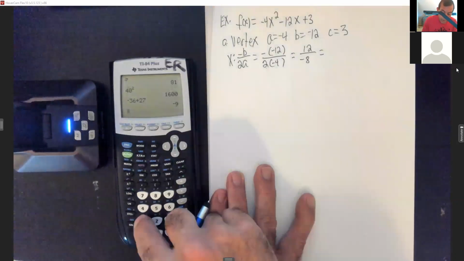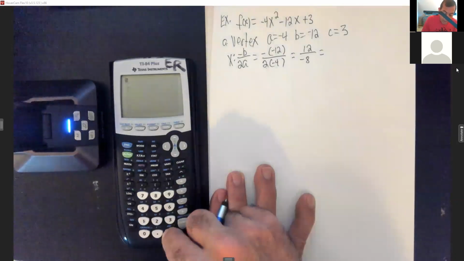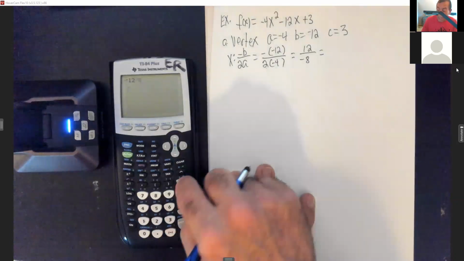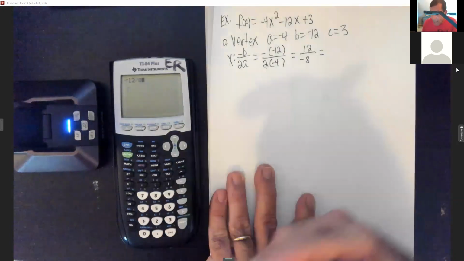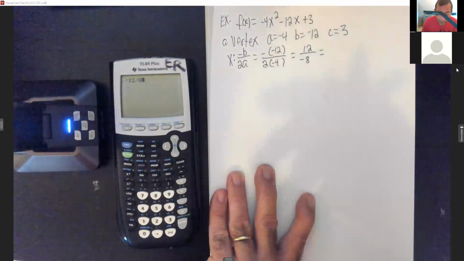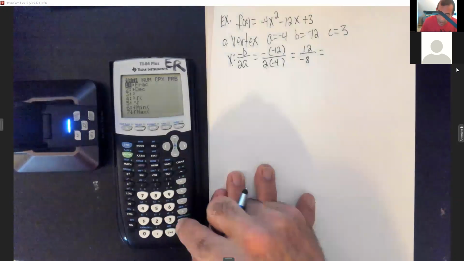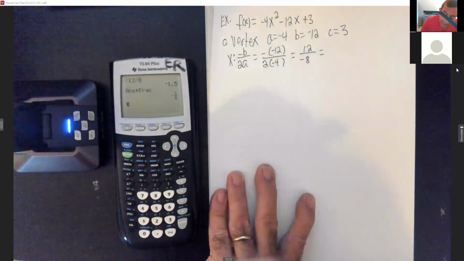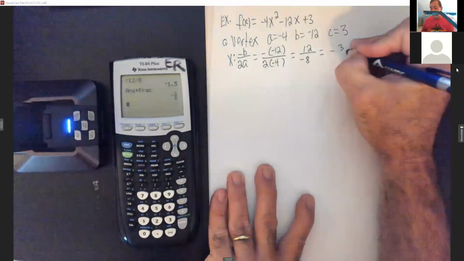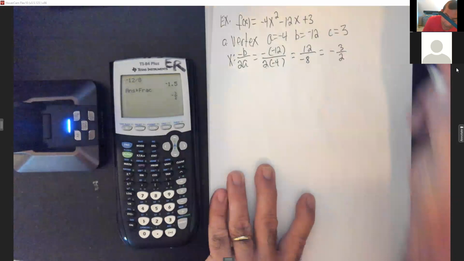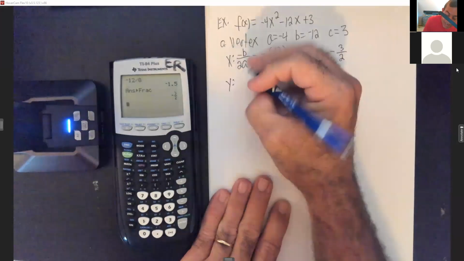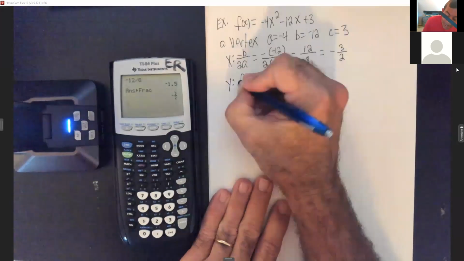So -12 divided by 8. And it don't matter which one you make negative, it's still a negative. I get 1.5, but remember, hit math and enter twice, and we get a -3/2. Uh-oh, which means my y value, I got to find f of -3/2.